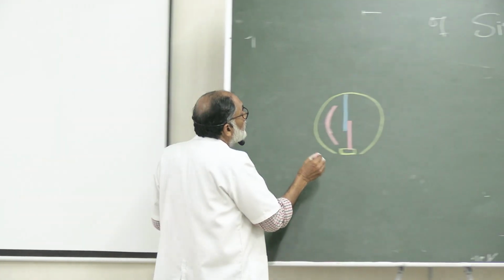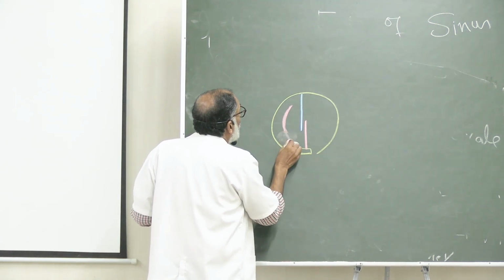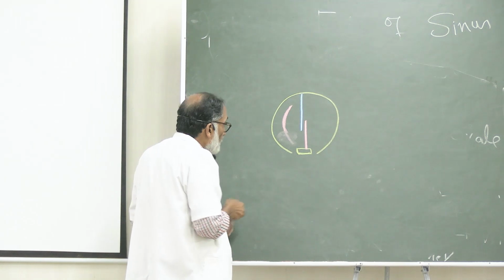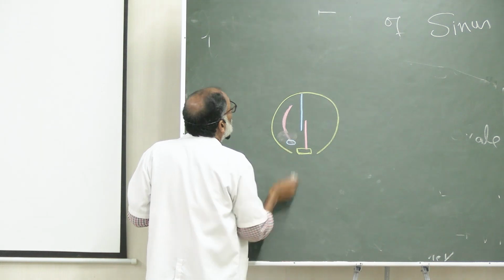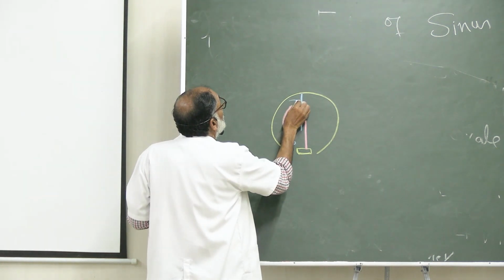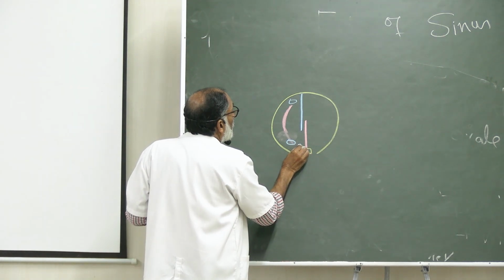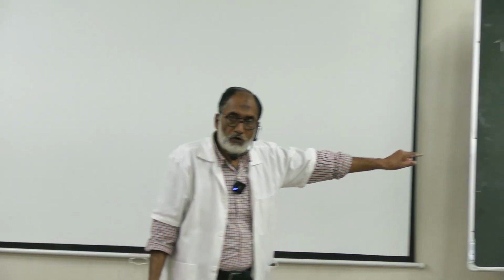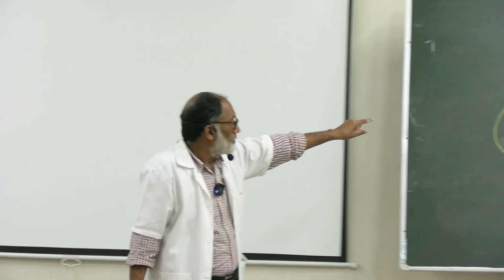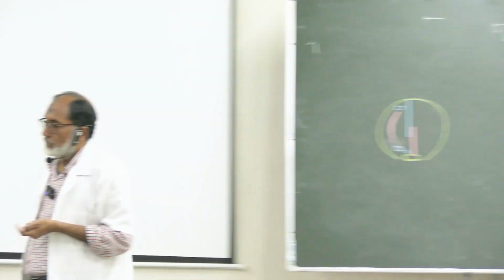Here lies the opening of the inferior vena cava, here the opening of the superior vena cava, and here the opening of the coronary sinus. If you see the adult heart, you will find so many openings on the right atrium: superior vena cava, inferior vena cava, and coronary sinus.